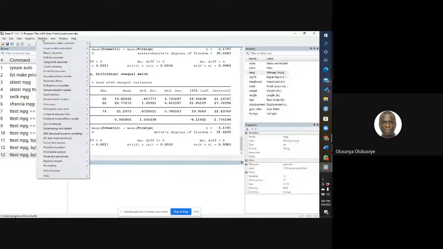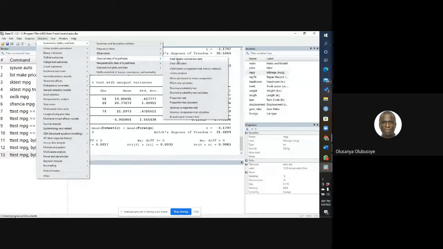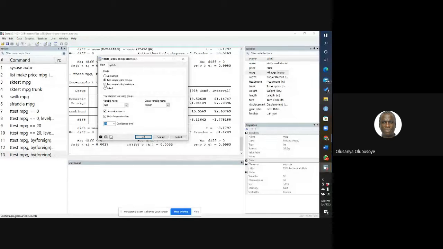Let's quickly go now to the t-test with two samples using variables. This is in the two sample using groups.